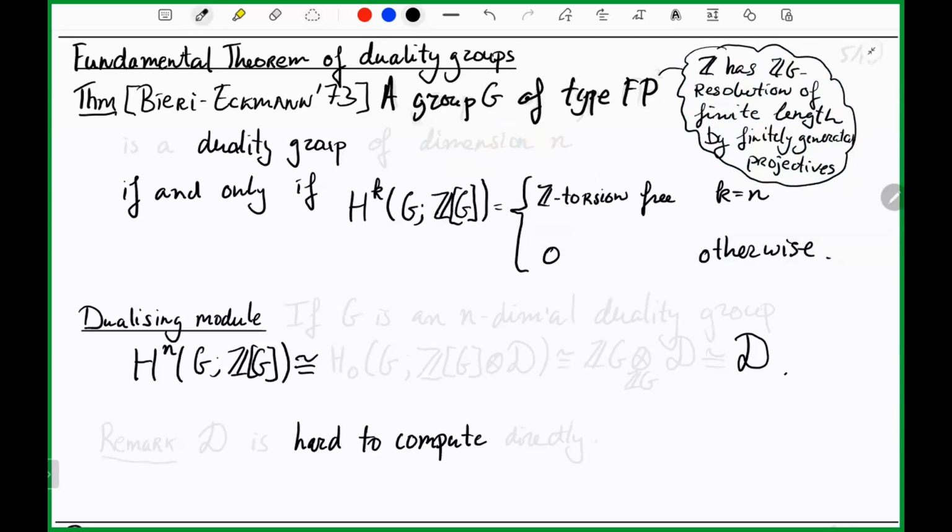If you have such a group, then it is a duality group of dimension n if and only if the cohomology of the group with coefficients in the group ring is zero except in exactly the dimension n, where it is nonzero. And I think a duality group always has type FP, so it's stated less strongly than it could be.